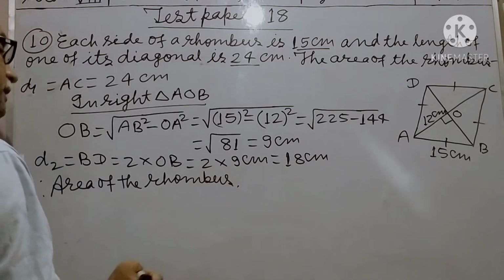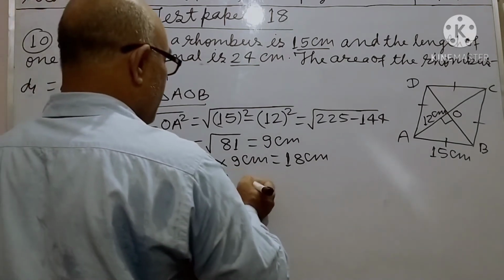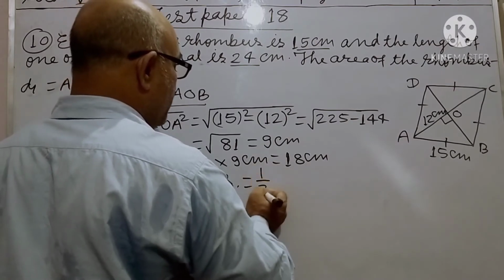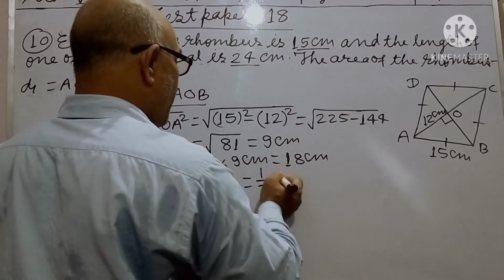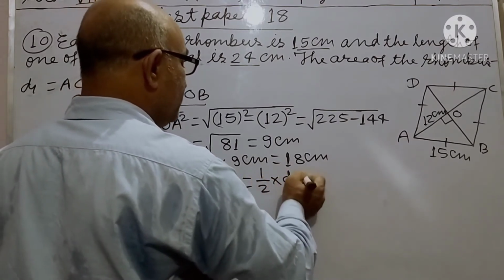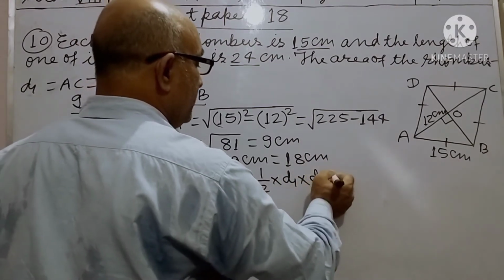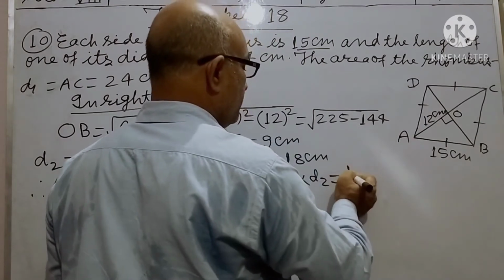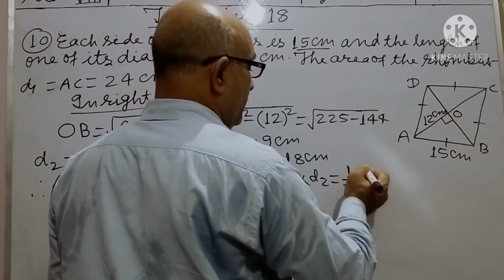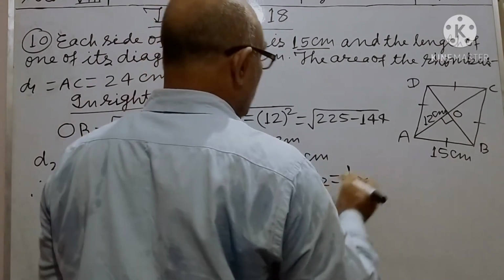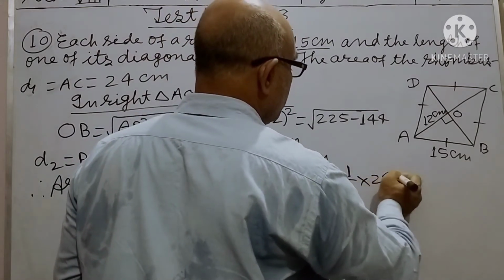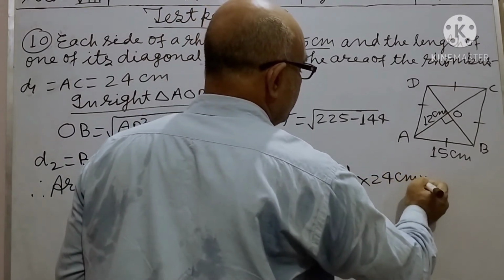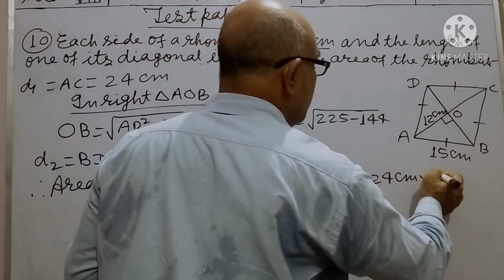Area of the rhombus equal to 1 by 2 into D1 into D2 equal to 1 by 2 into D1 is 24 cm into D2 is 18 cm.